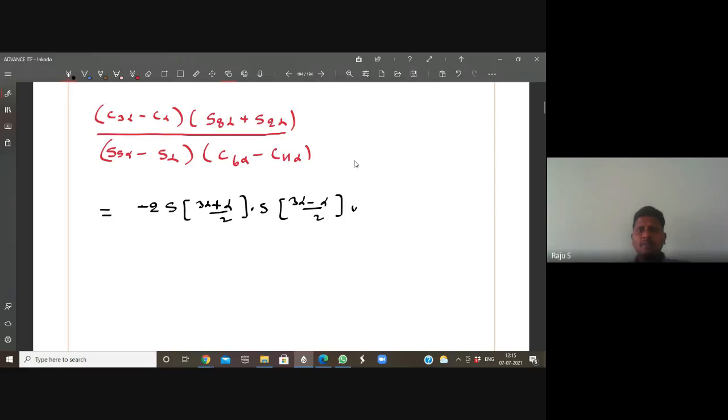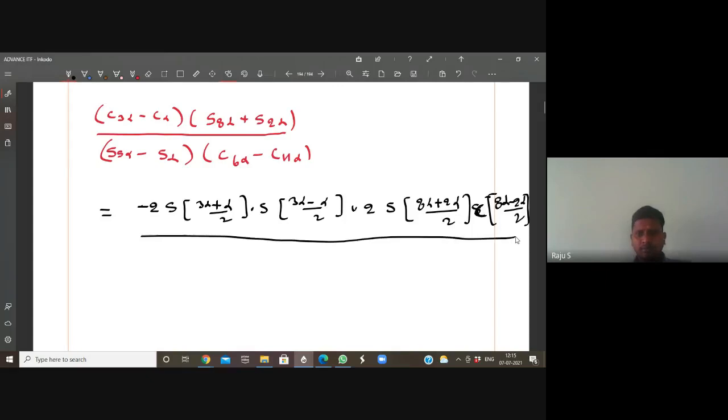Here sin C plus sin D is 2 sin (C plus D) by 2 cos (C minus D) by 2, all divided by the same sin C plus sin D, so 2 sine or cos.